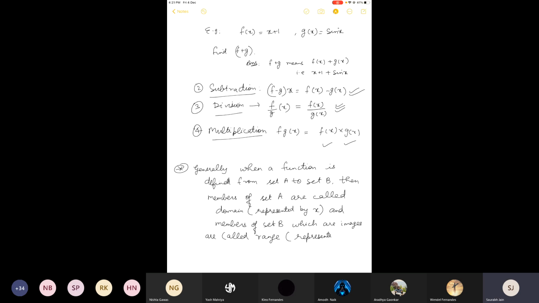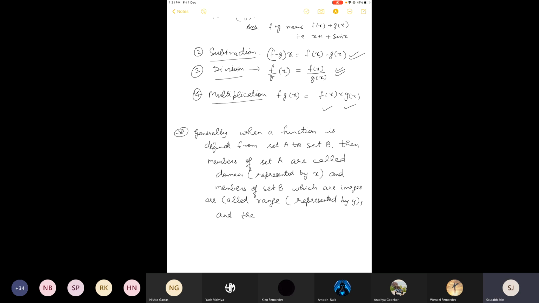And the function is written in the form y equals f(x).